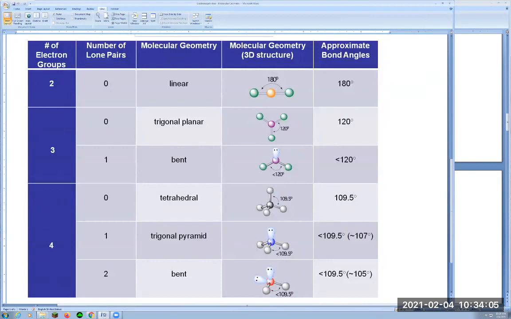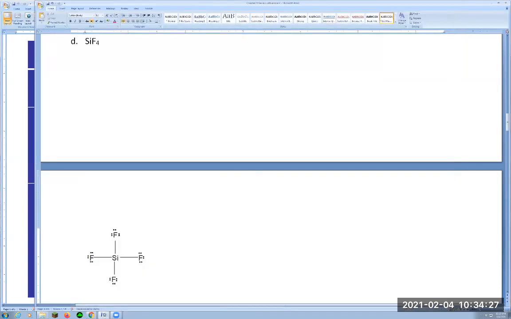So let's look at the table. 4 electron groups, 0 lone pair. So we want to look at the row where it says 4 electron groups, 0 lone pair, tetrahedral molecular geometry. And so the molecule has the shape of a tetrahedron with bond angles of 109.5. So let's make that shape on paper now. So this is how you would draw the SiF4 using the conventional 3D way that chemists use.